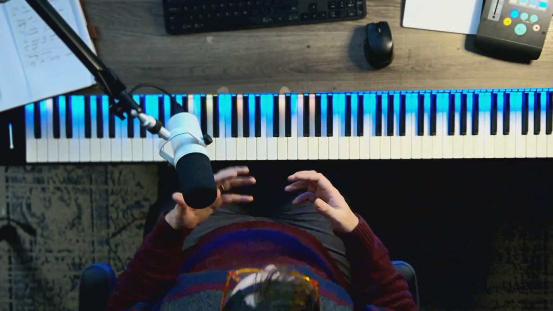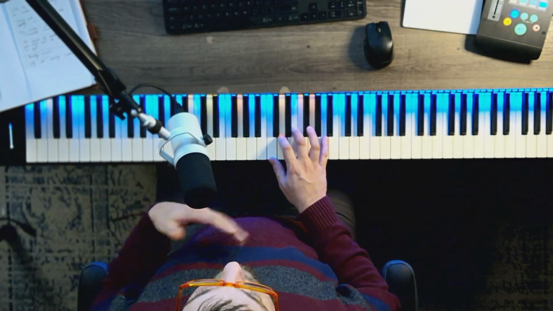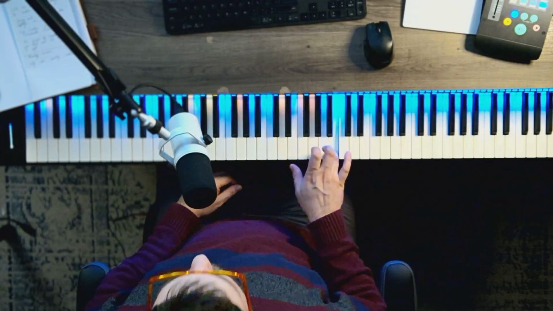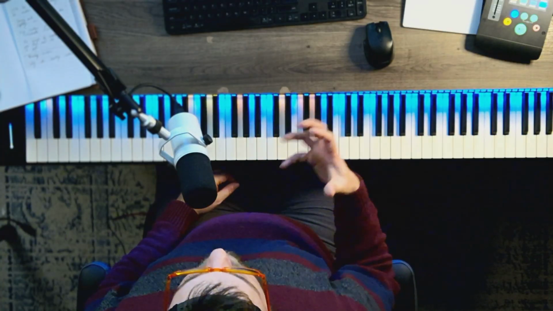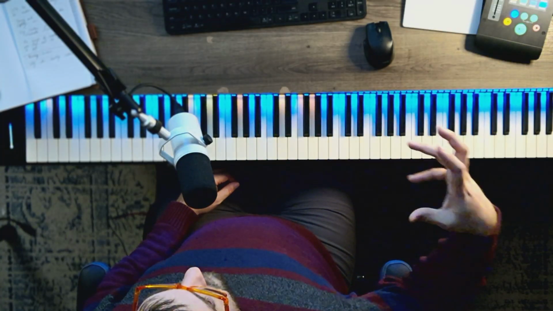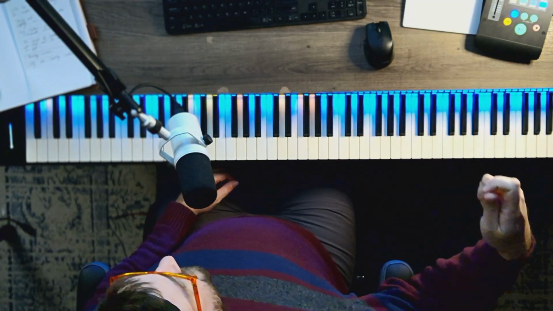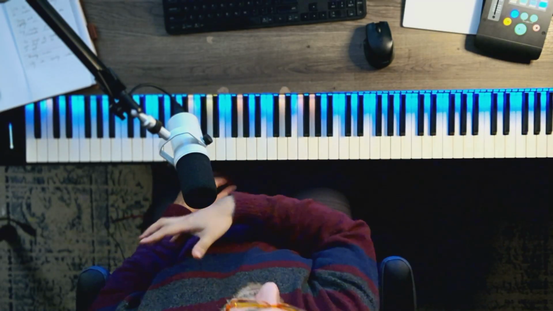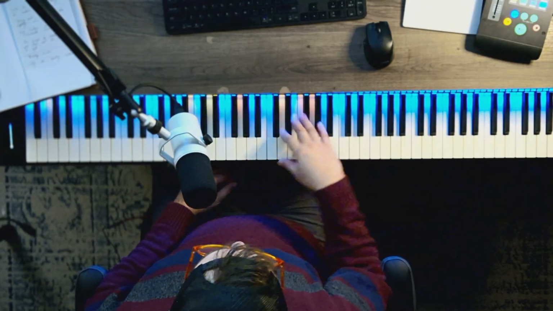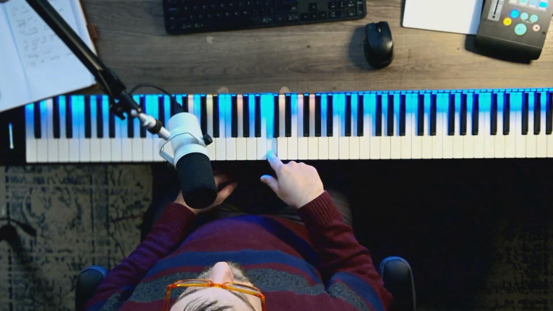The other thing you want to think about is, generally speaking, especially when we're talking about diatonic harmony, notes naturally have a sort of kinetic direction they want to go in. So, for example, the note C, that's home base.